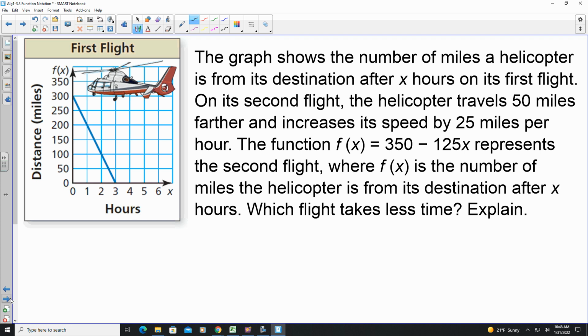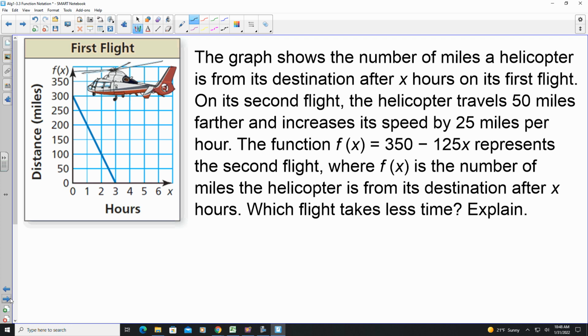The function is f of x is equal to 350 minus 125x, which represents the second flight, where f of x is the number of miles the helicopter is from its destination after x hours. They're asking us which flight takes less time, and they want you to explain.